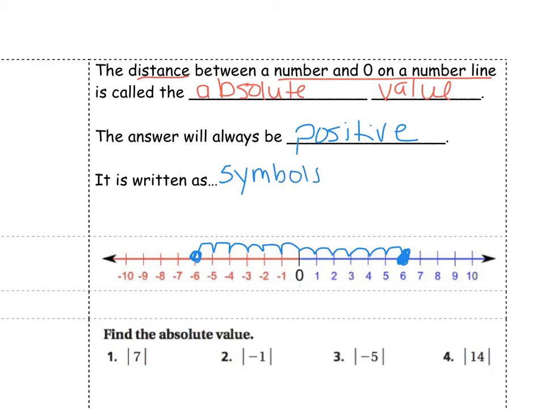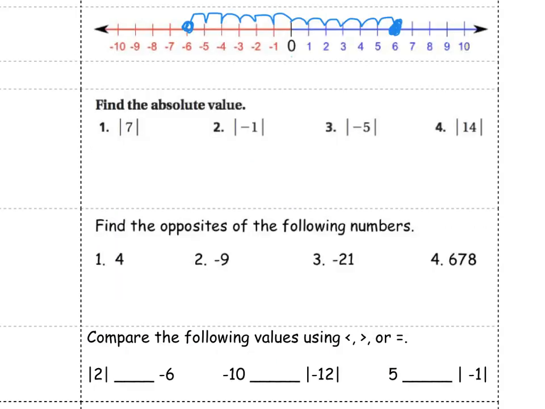Sorry for the squeaking, they look like this, straight up and down lines. So we can say the absolute value of 6 is 6, but we can also say the absolute value of -6 is 6.